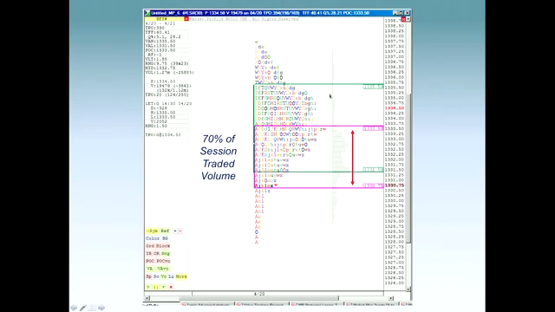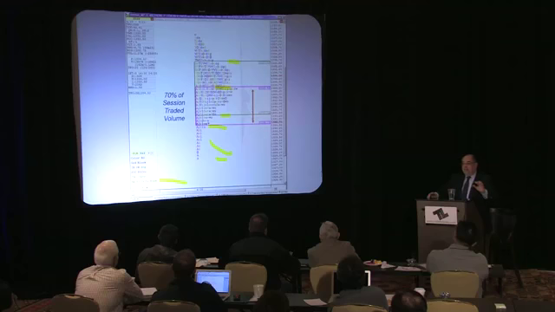Now, we decided, or we agreed on in terms of terminology, the green lines were my value area high and my value area low. That's based on price.